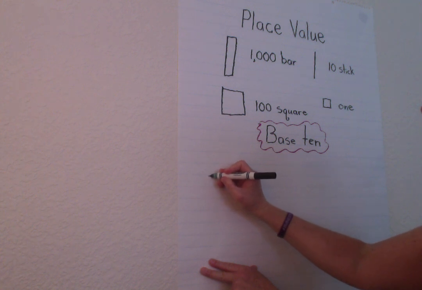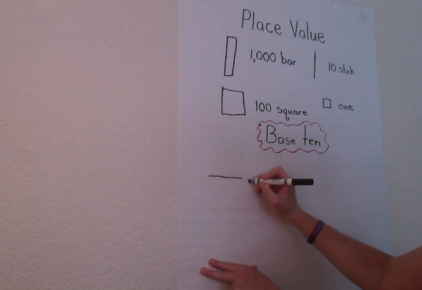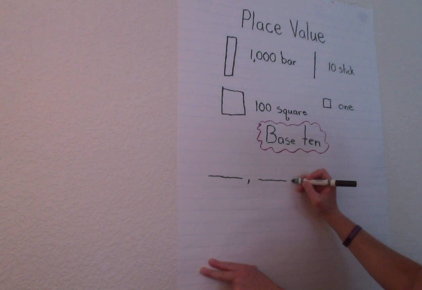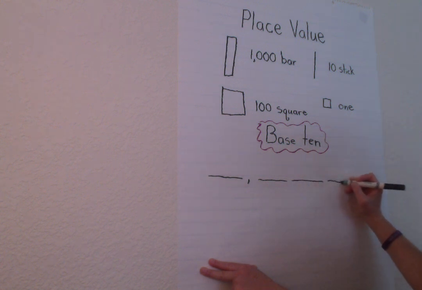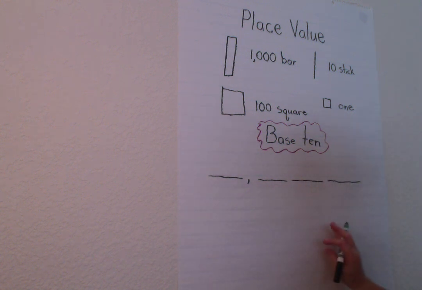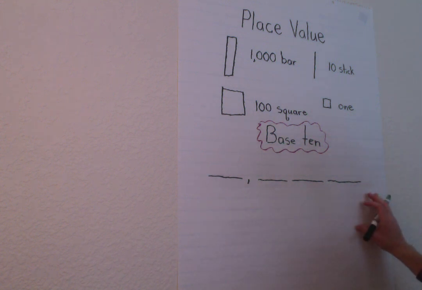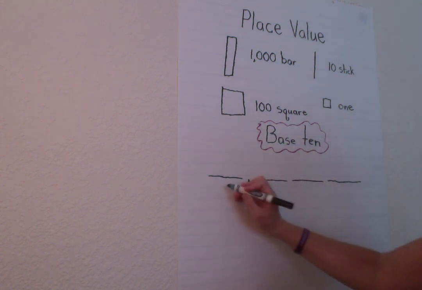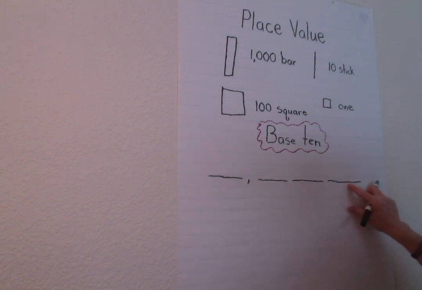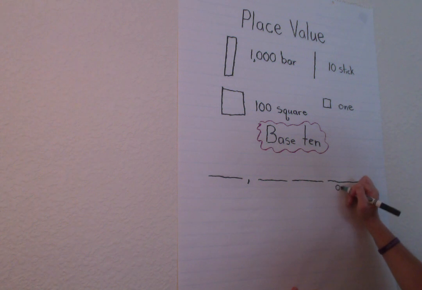We're going to label this. So we're going to do 4 places. 2, 3, 4. And again, I want you to please write this in your Spiral Math Notebook. These are notes for the day. We're going to start over here on the right-hand side. We always start with our ones place.